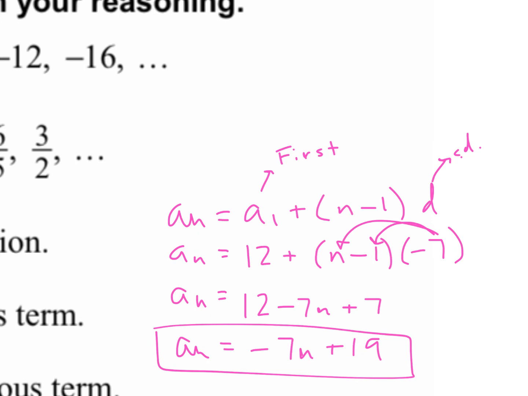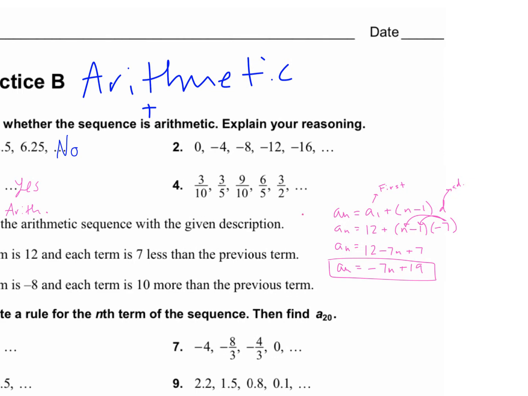That is our rule. Anytime it asks for your rule, it's always going to be your little formula, and it's always going to have the n in it, because that means we can plug in any number for n to find that term. So that was A.